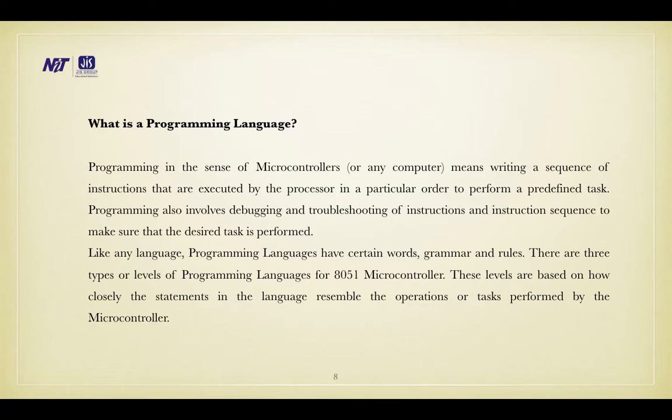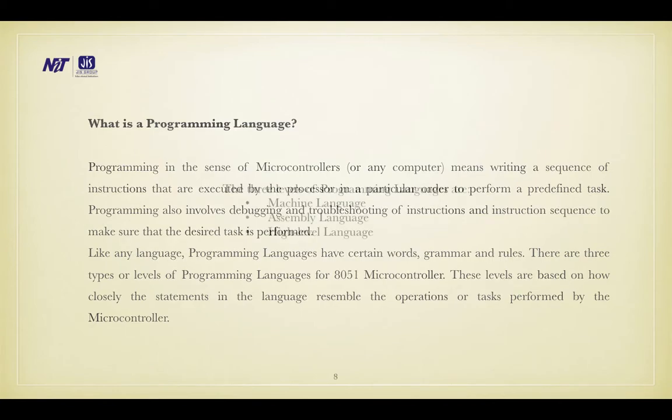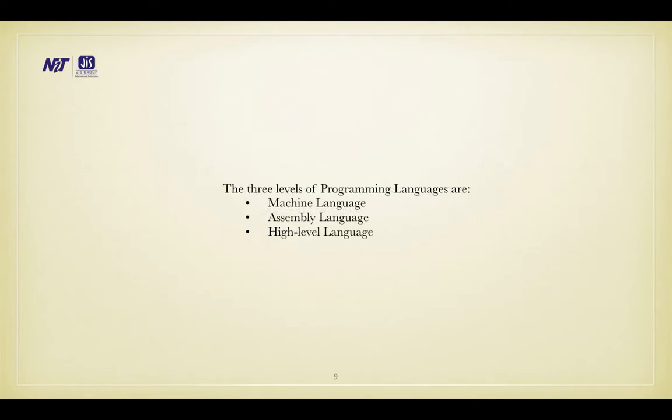There are 3 types of programming languages. These levels are based on how closely the statements in the language resemble the operation and task performed by the microcontroller. The 3 levels of programming languages are machine language, assembly language, and high-level language.